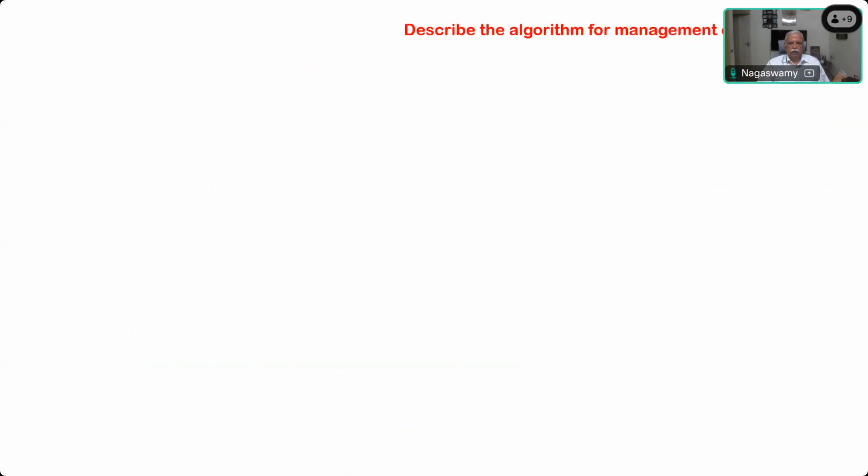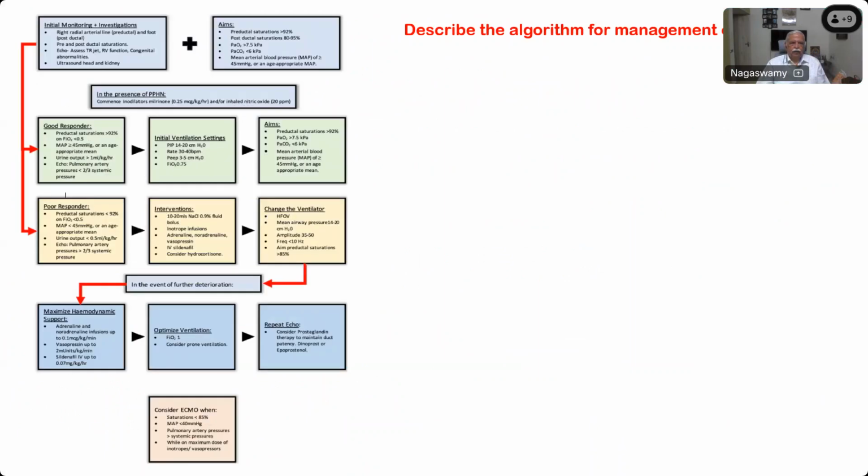What is the algorithm that has to be followed for the management of congenital diaphragmatic hernia? There's an algorithm that is available. Can you make a guess of what that is? Okay, I'll just show you. Initial monitoring and investigation: you can put a radial artery cannula, pre and post ductal saturation, assess the PR jet, everything, and ultrasound of the heart, head and kidney.